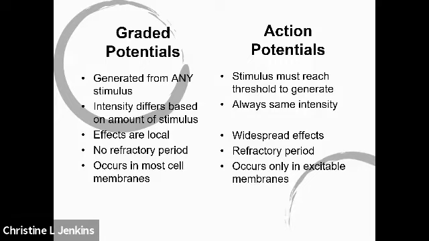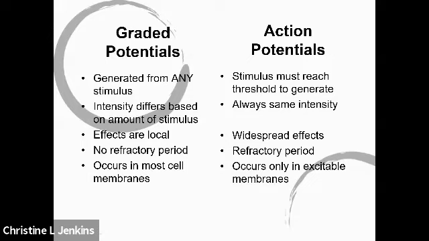All right, so before we talk about the specifics, I want to introduce the basic differences between a graded potential and an action potential. We'll start at the bottom. Many cells can make this little mini impulse, not just muscle and nerve cells.